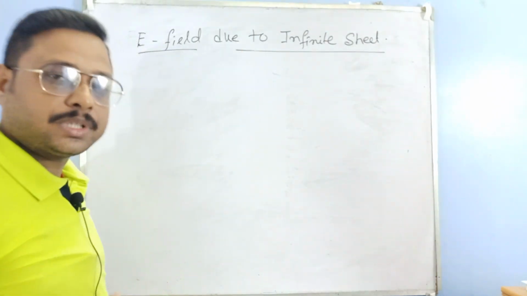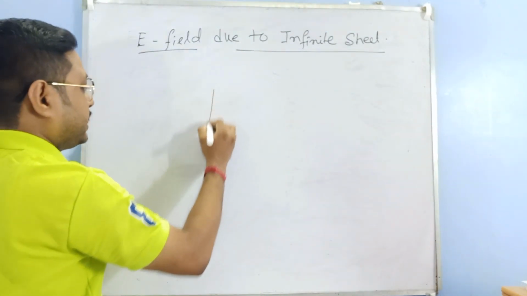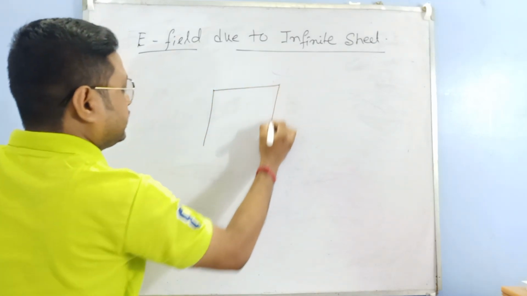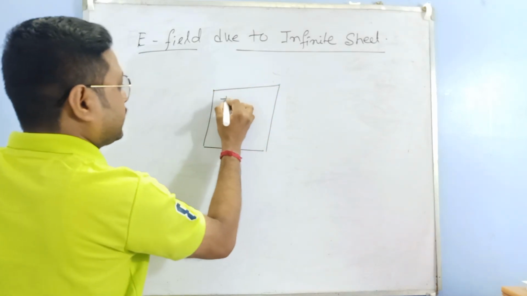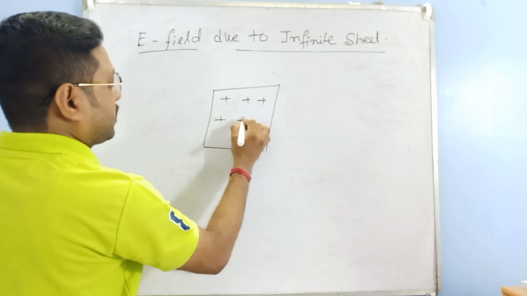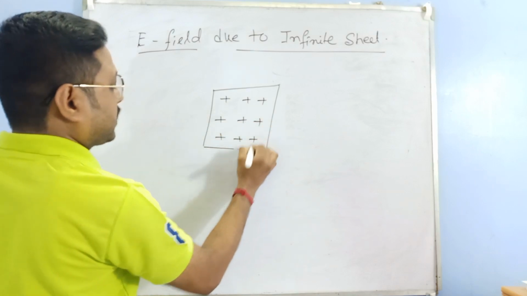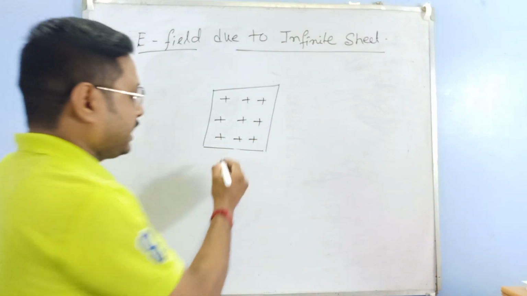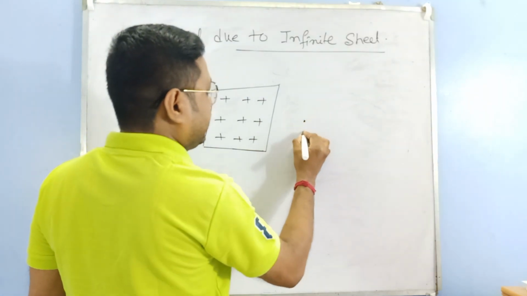Suppose this is an infinite sheet with positive charge. We have to find out again the electric field at a point P.